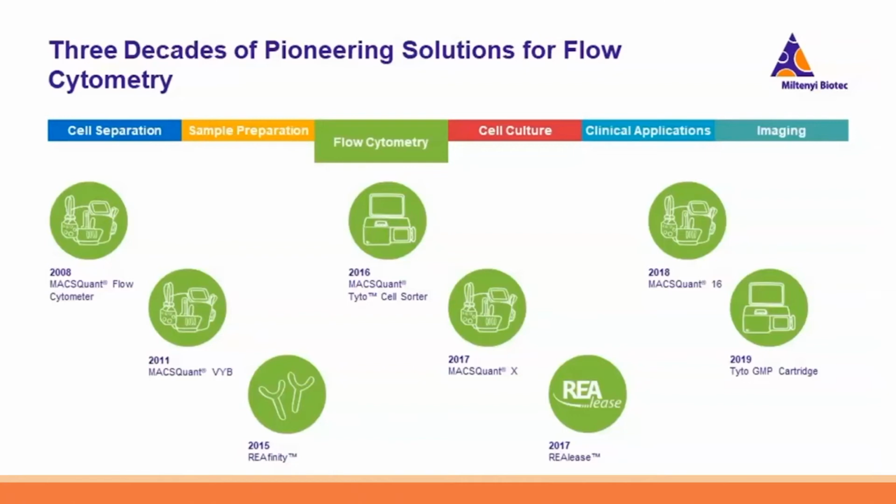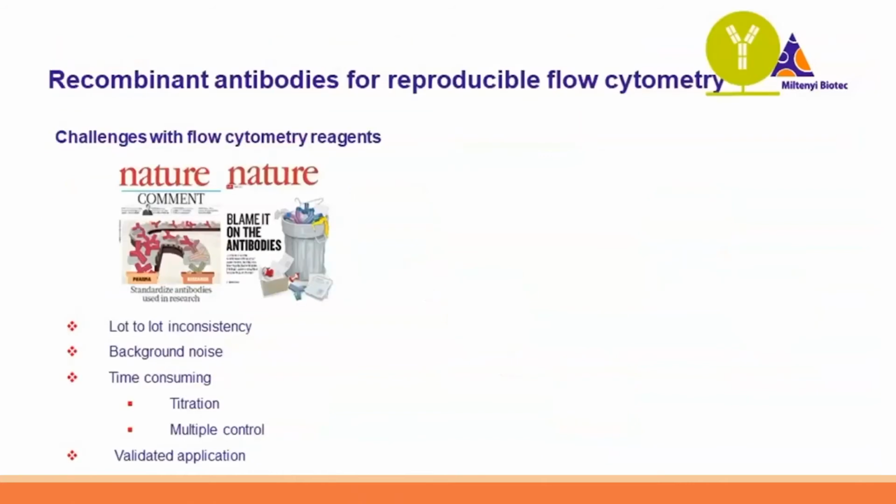Since 2008, our company has invested heavily in flow cytometry technology development and also brought pioneering reagents to the field. Of course, I don't have time to go through all the details, but I will introduce a few of these tools that you might find helpful for your study.